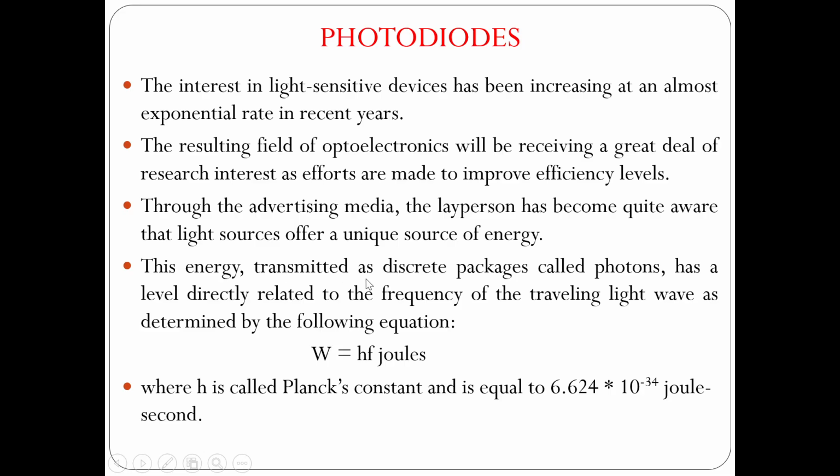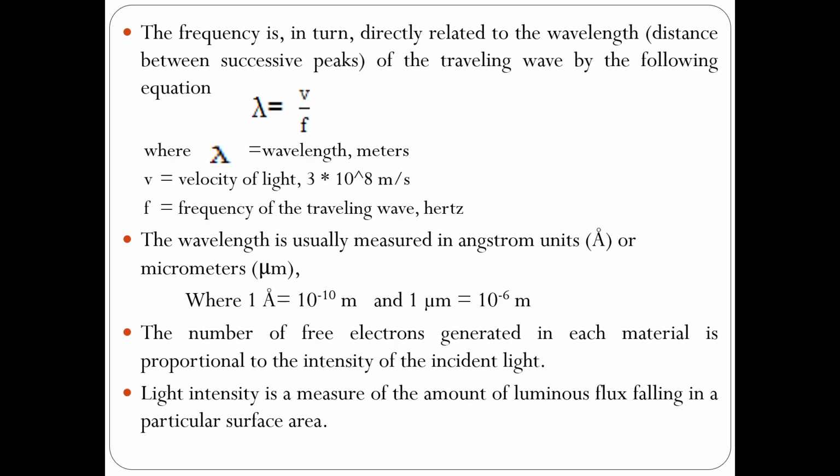This energy is transmitted as discrete packages called photons. So W is equal to hf joules, where h is called Planck's constant and is equal to 6.624 times 10 to the power minus 34 joule-seconds. Another one is the wavelength, lambda equals v divided by f.